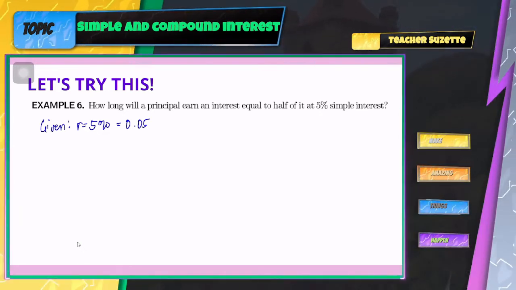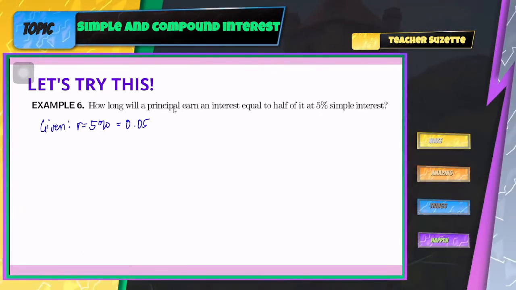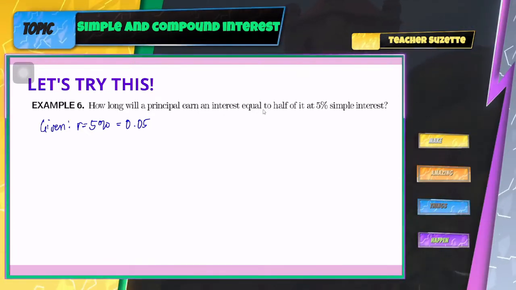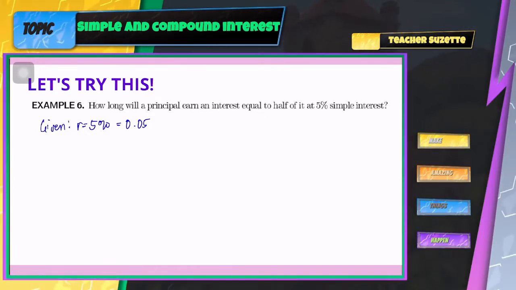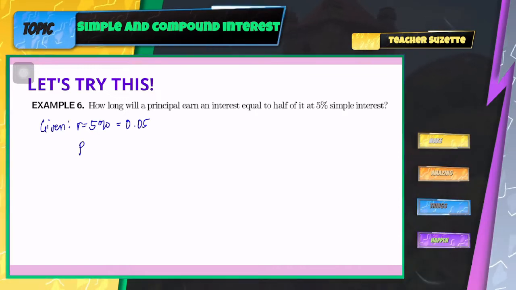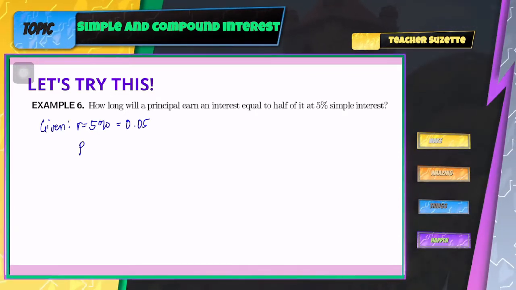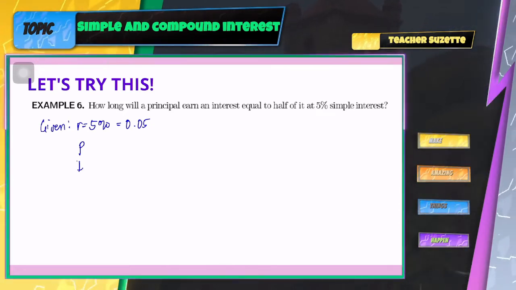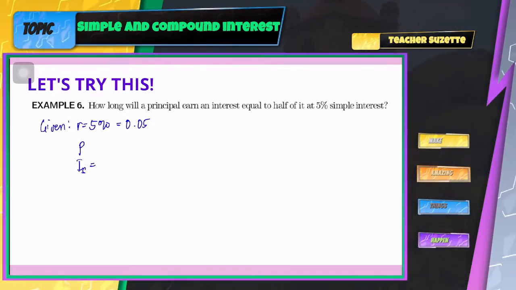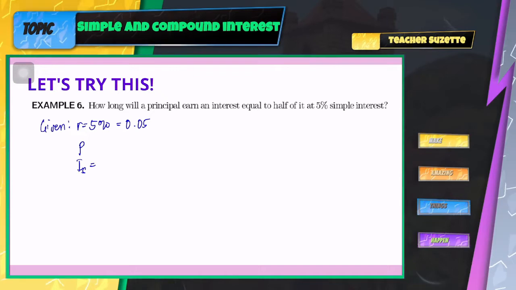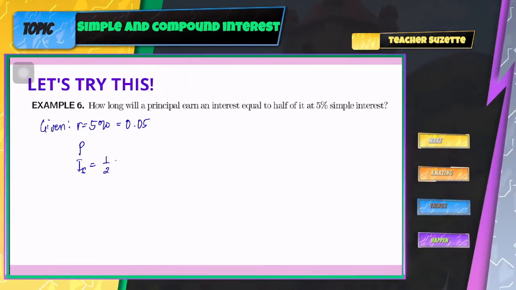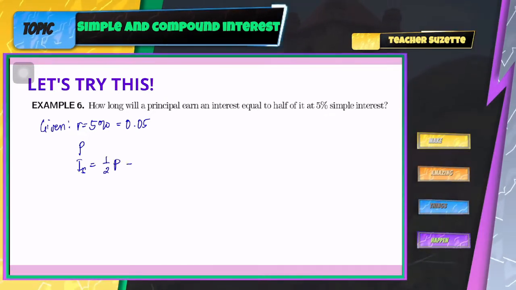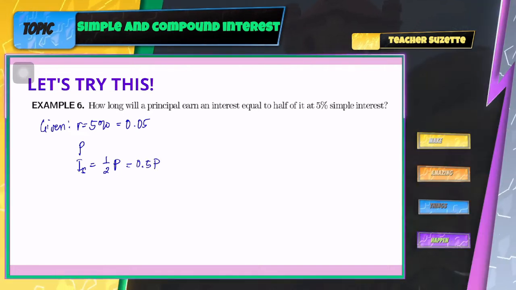Pero may sinabi po dito, how long will a principal earn an interest equal to half of it? So, ibig sabihin, kung sabihin natin ang principal is express natin as capital P, and ang ating magiging interest is equal to half of it. So, that is 1/2 principal or 0.5 principal.